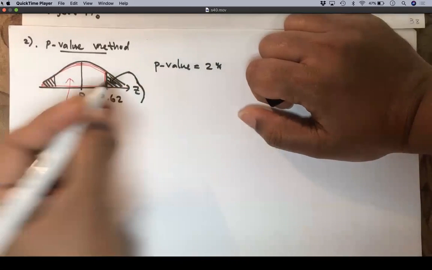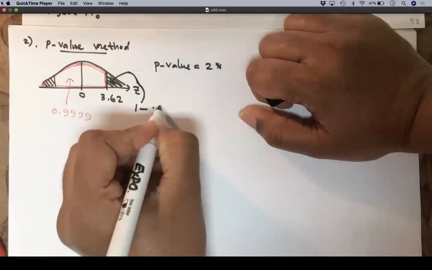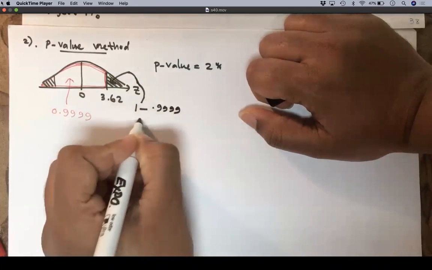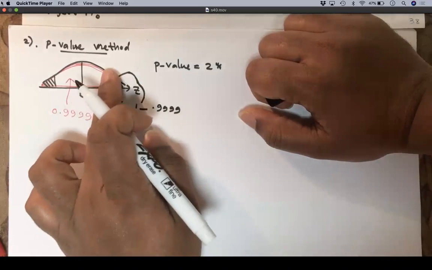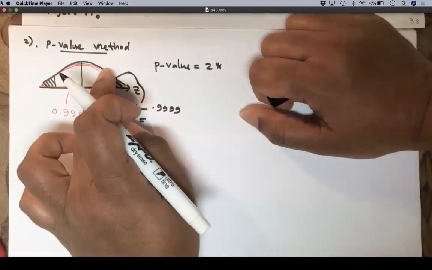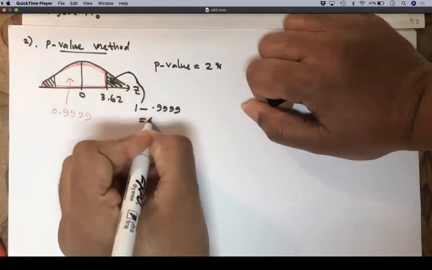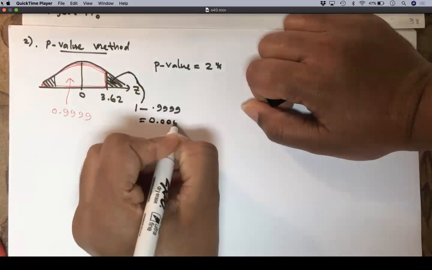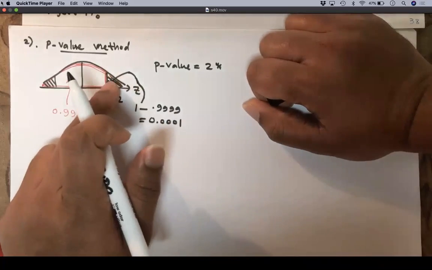The whole area is 1, then subtract this red colored area, 0.9999. So what will be this small part? The area of this right-sided part, the black colored area, is 0.0001. So now we got the value of this right-sided part.